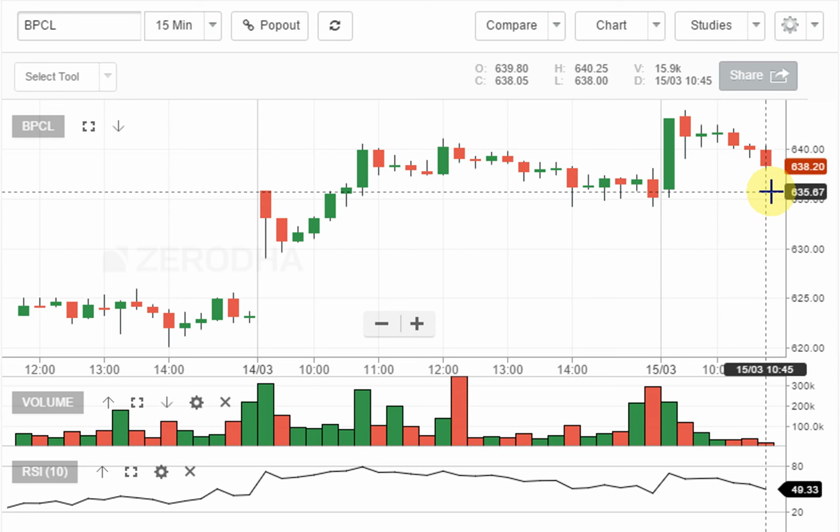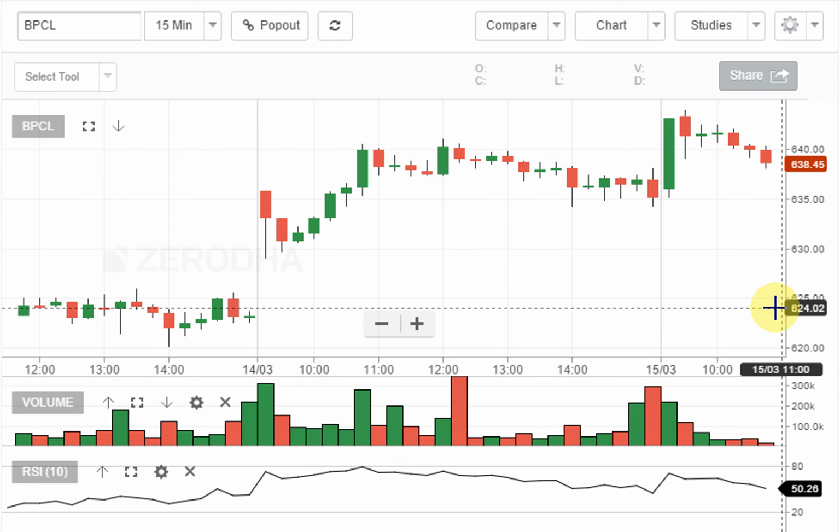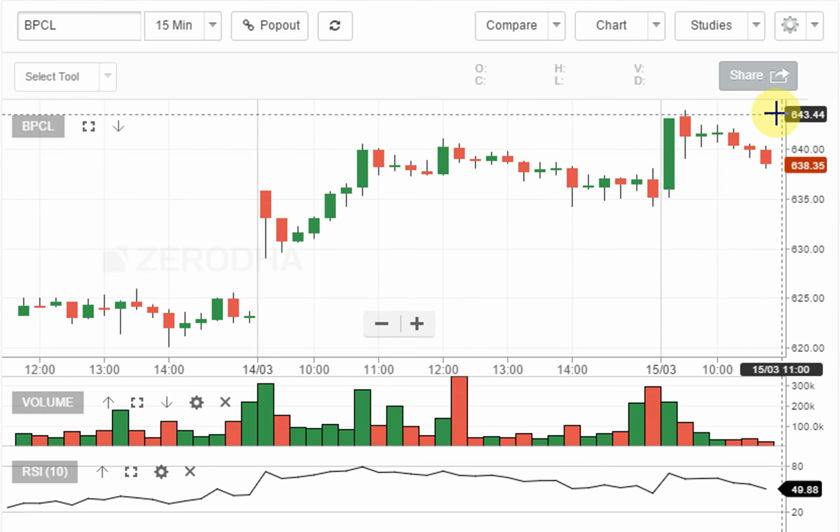You can apply these support and resistance techniques in your trading plan, and this plan can help you get good profits in your trading or in investment as well.